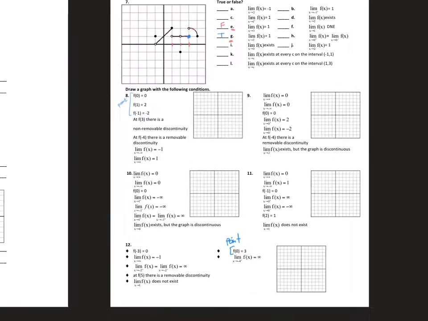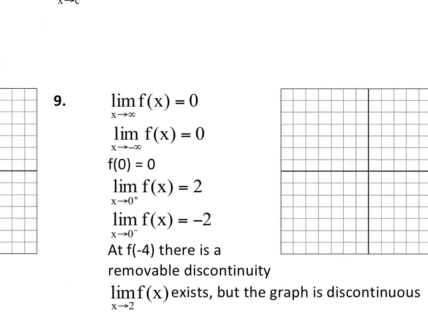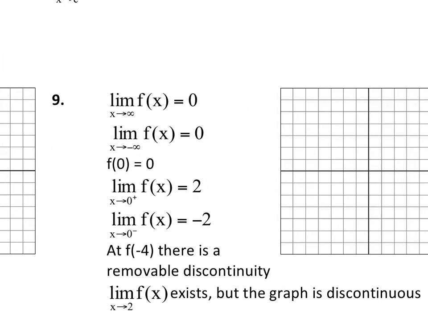And then another attribute that hopefully you'll start picking out: anytime x is approaching infinity, and f of x is approaching a number, that means horizontal asymptote.